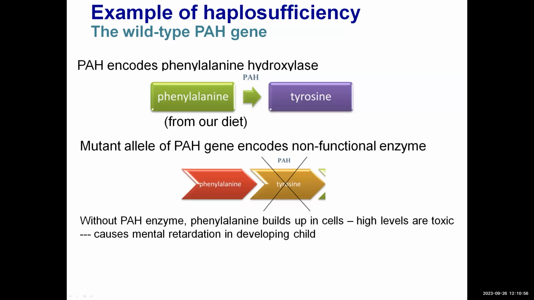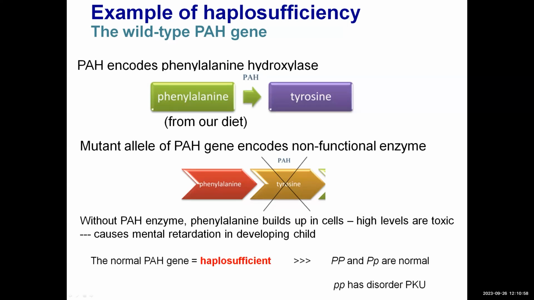This is what causes PKU. The normal PAH gene is haplosufficient. As long as you have one copy of the working gene, you're able to convert enough phenylalanine to prevent it from getting to toxic levels. So, this mutation would be considered recessive to the dominant working trait. It's haplosufficient. One copy is enough.